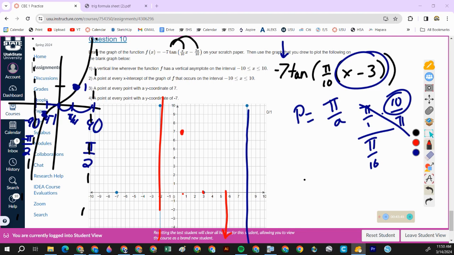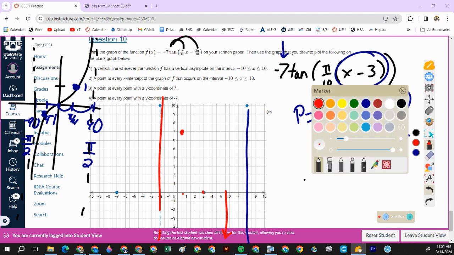It's down there. It wants you to draw any vertical asymptotes and a point at every x-intercept.